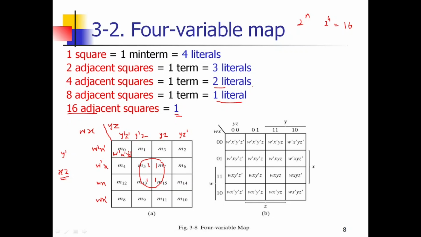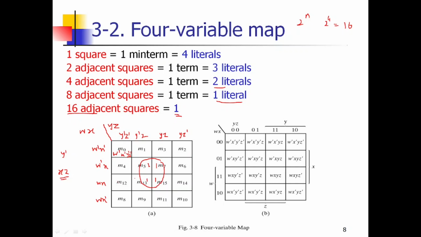Next, if we don't have a quad possibility, we have to check for the possibility of a pair. What is the pair possibility here? Any 2 adjacent cells form a pair. So m0, m1 is a pair, m1, m3 is a pair, m3, m2 is a pair, m0, m8 is a pair, m0, m2 is a pair, m4, m12 is a pair.